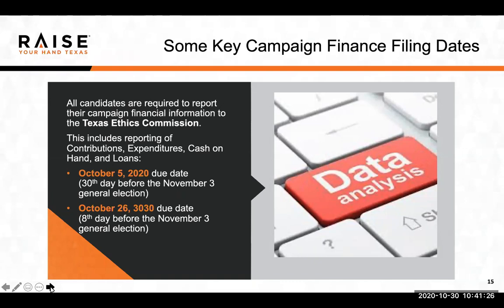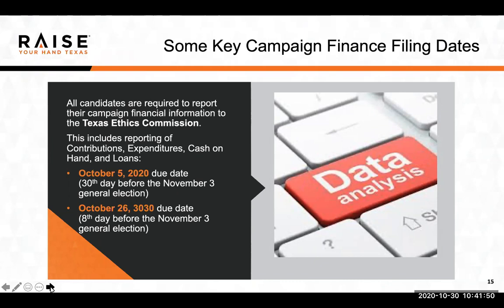The required filings from candidates are October 5th, the 30th day before the November 3rd election, and October 26th. These are the two windows into the finances of a campaign that are closest to the election itself.